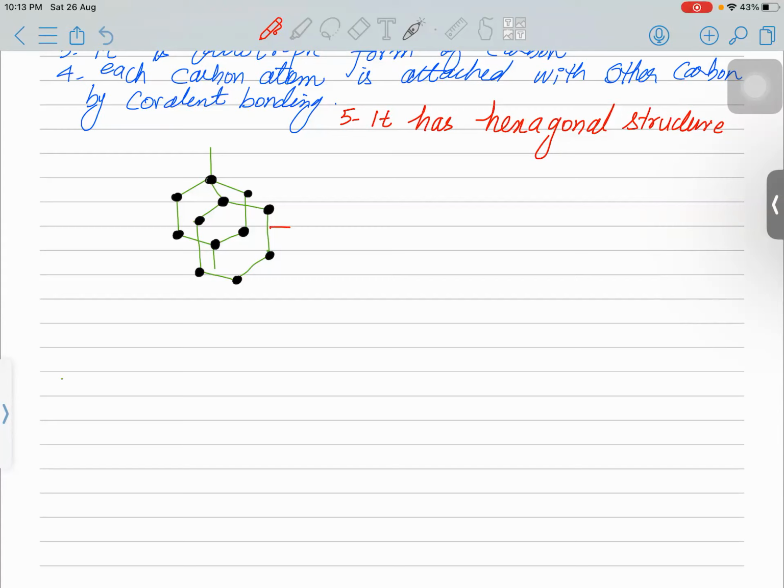So this is covalent bonding. This is a carbon atom.